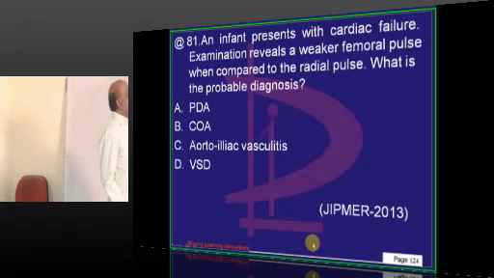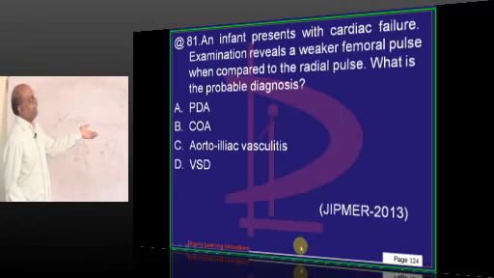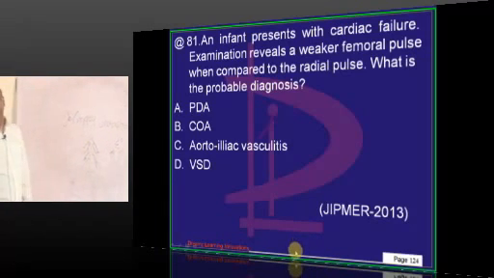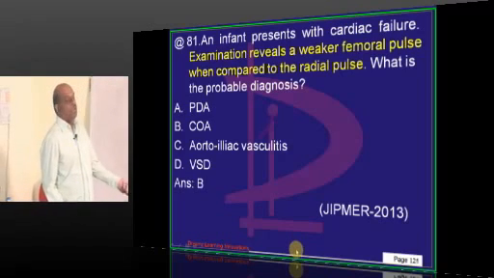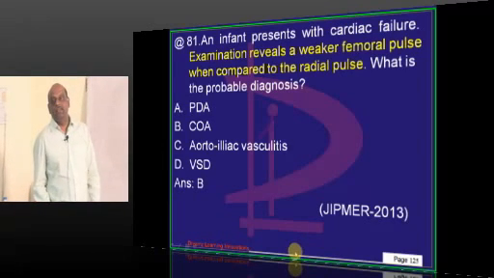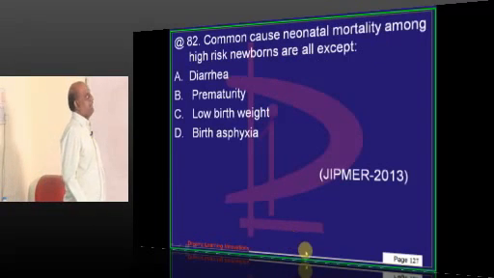An infant presents with cardiac failure, weak femoral pulse compared to radial pulse. What is your answer? Radiofemoral delay. If it is there, then it is coarctation.